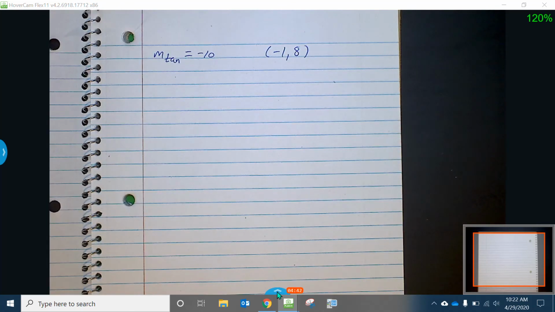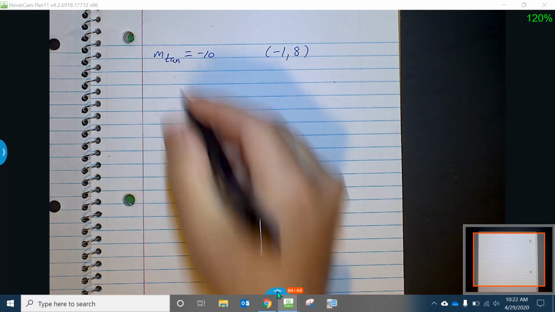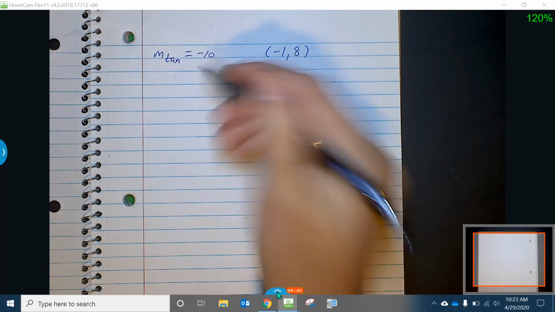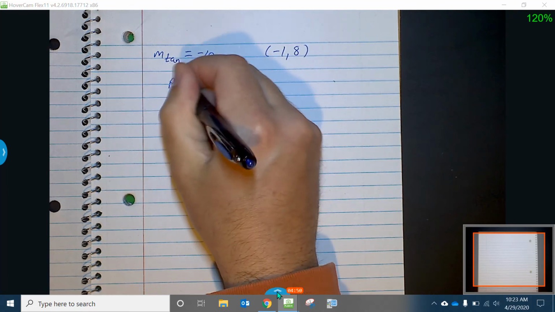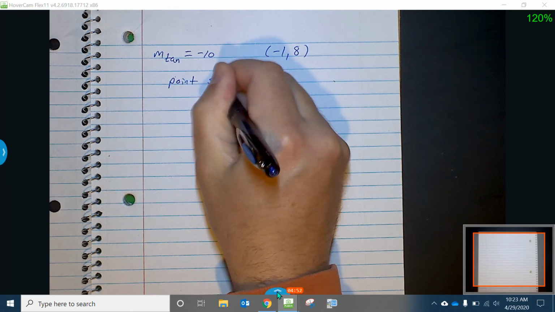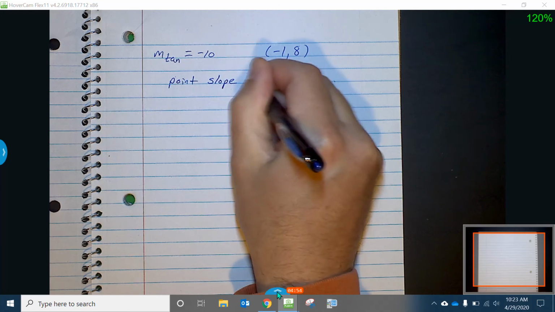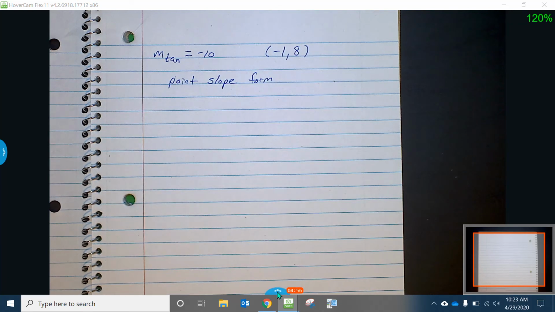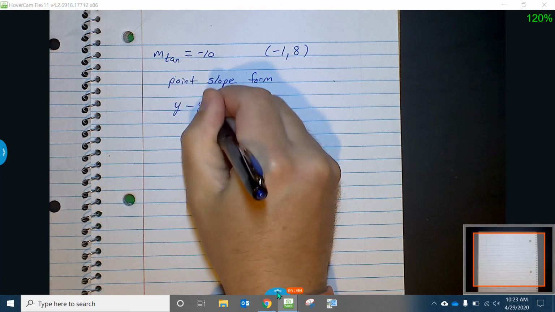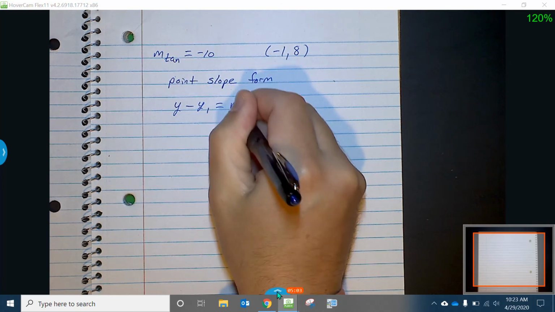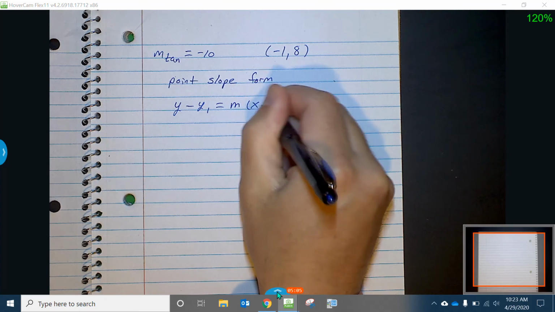Okay, you have two options here. If they don't ask you for y equals on, let's say, the AP exam, you can leave it in whatever form you want. I like using point slope. So I like using y minus y1 equals m tan times x minus x1.